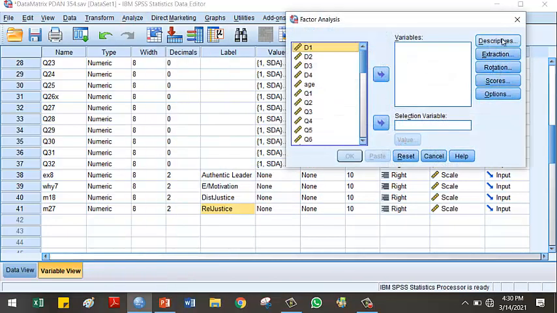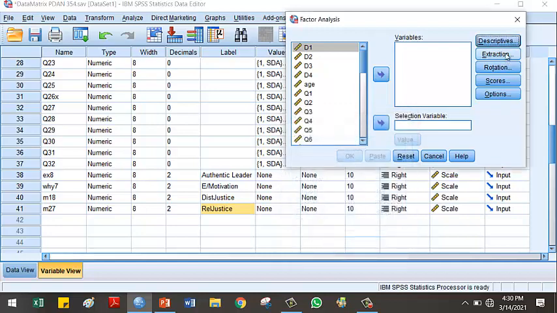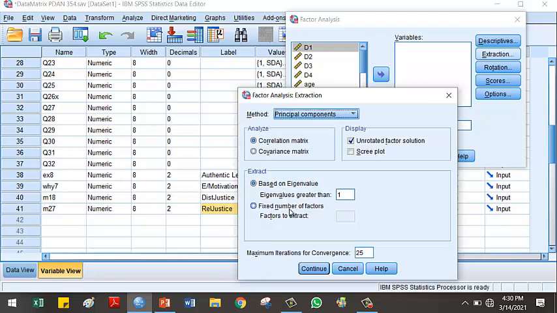Here in descriptives, we have to select KMO and Bartlett test of sphericity, continue. Then in extraction, since we already know our variables, we don't require factor analysis to identify the factors. So we know the variables and we know the number of factors.